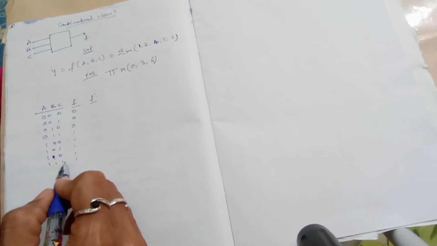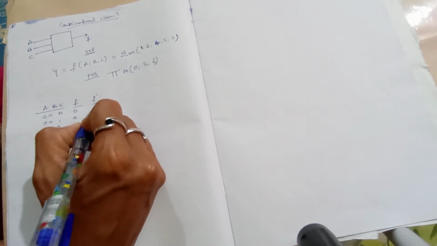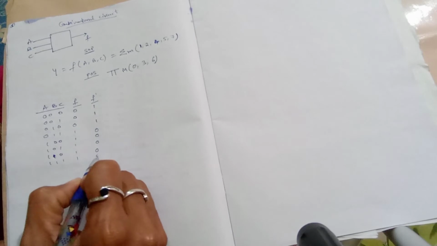Suppose the truth table is for F, and 0, 1, 2 are low and 3, 4, 5, 6, 7 are having high values, then F bar, that is POS, becomes low values become high and high become low.